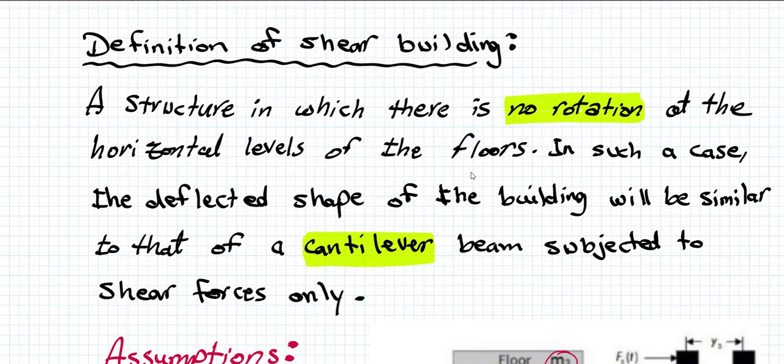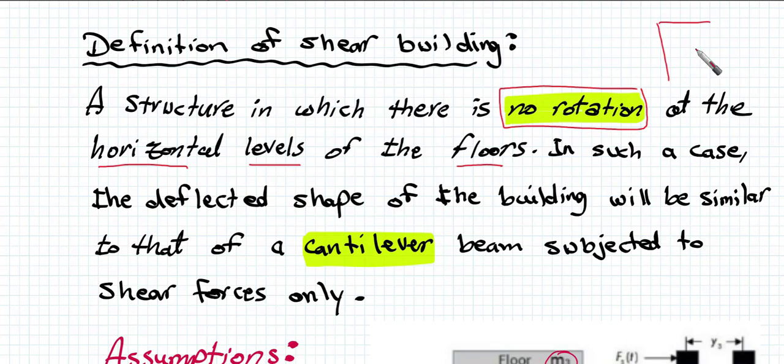Regarding the definition of the shear building, we can say it is a structure in which there is no rotation. Take care of this. No rotation. We are talking about a structure that has no rotation at the horizontal levels of the floors.